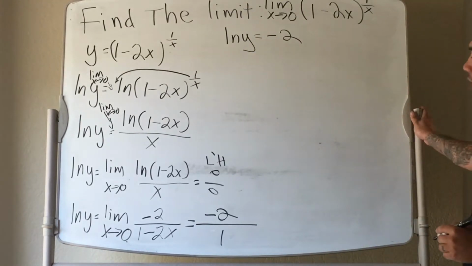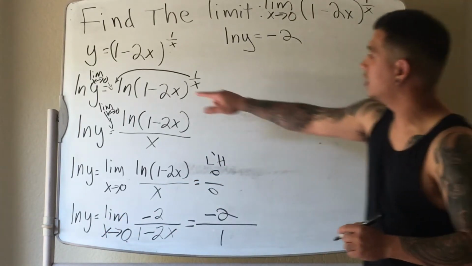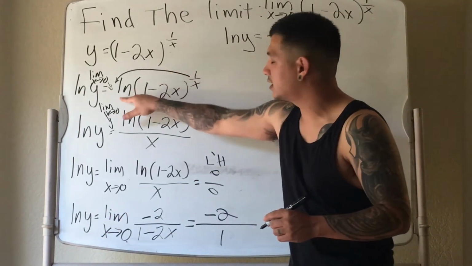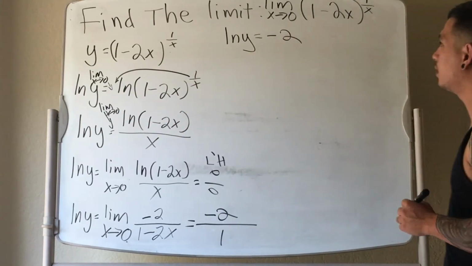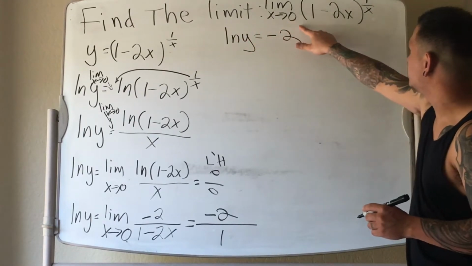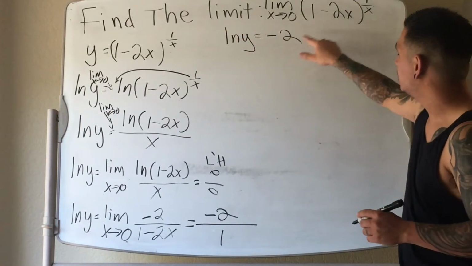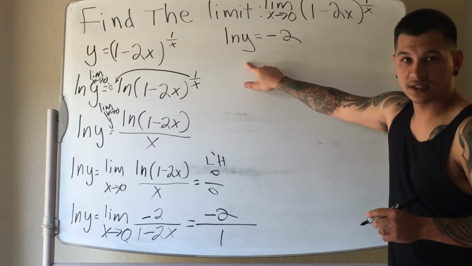Don't forget the ln y. We ln'd both sides in order to take this exponent and bring it down. So we still have the ln y, but we want to find the limit as x approaches 0 of this function. Well, we need to isolate the y.